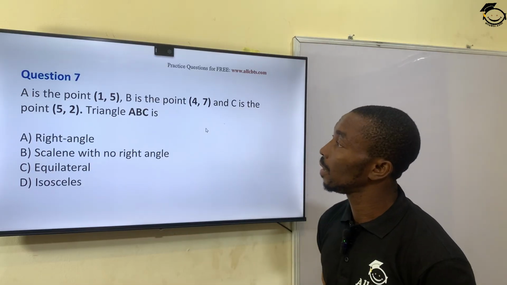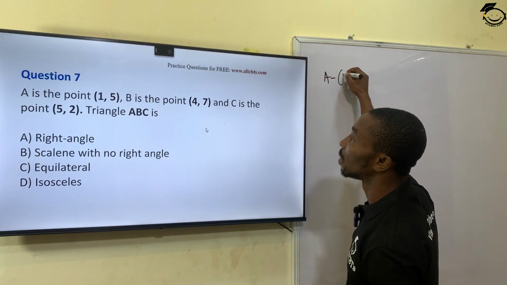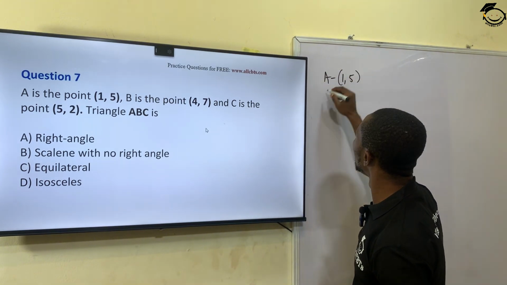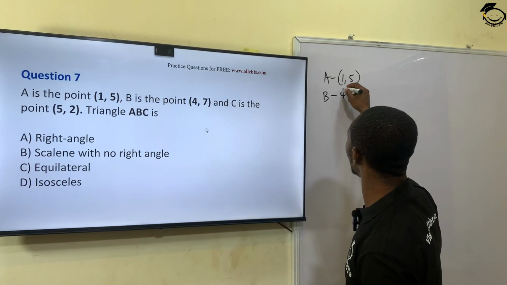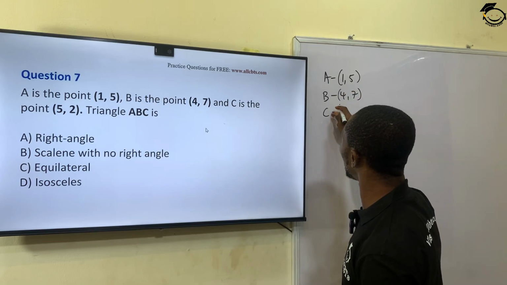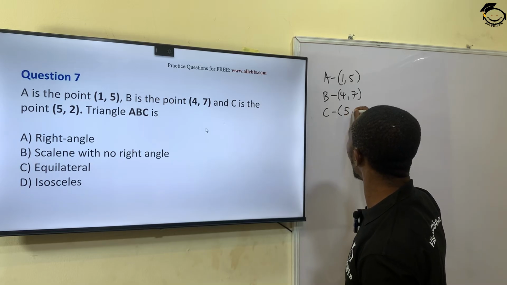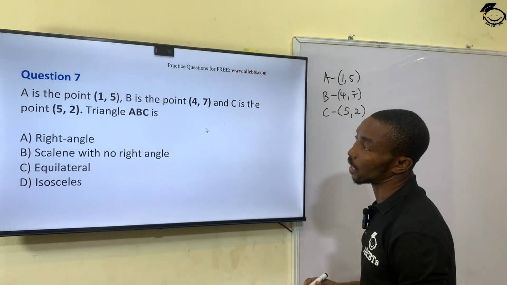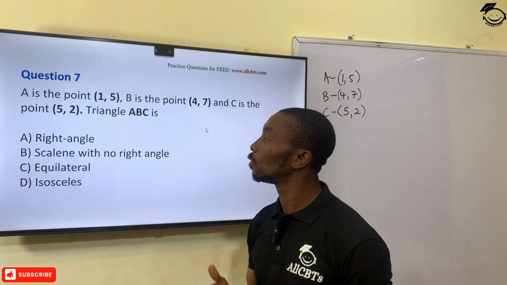A is the point 1 and 5. For B, we have it at points 4 and 7. And for C, we have it at points 5 and 2. Now, it says the triangle formed by these points is what type of triangle?